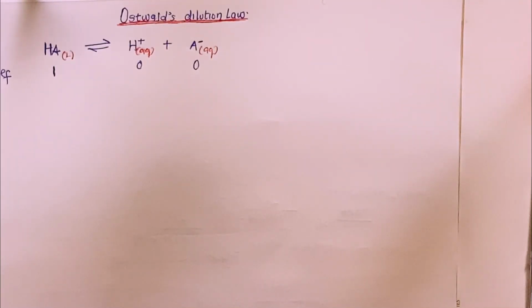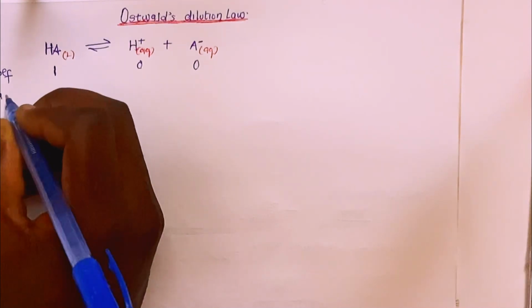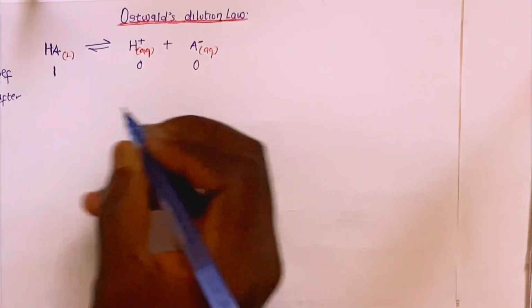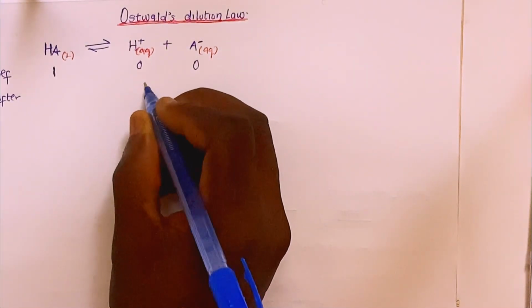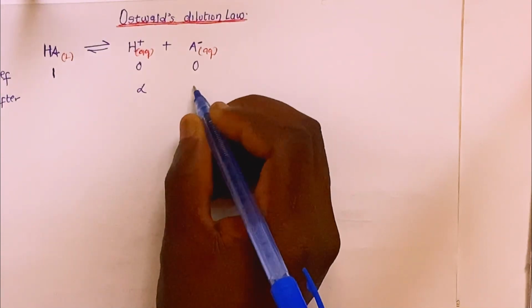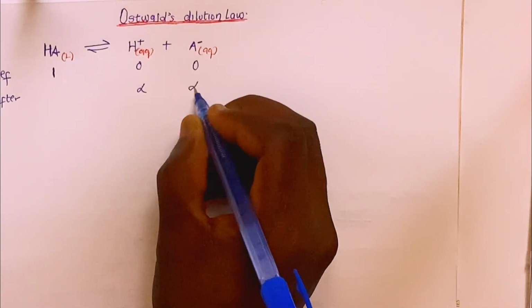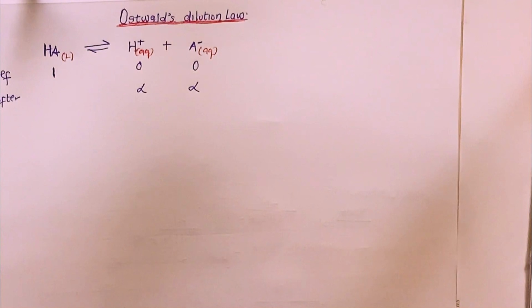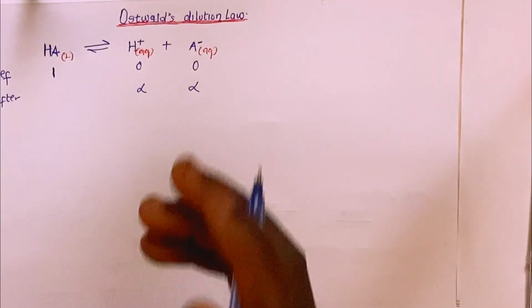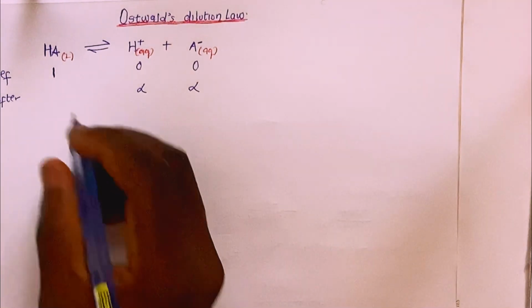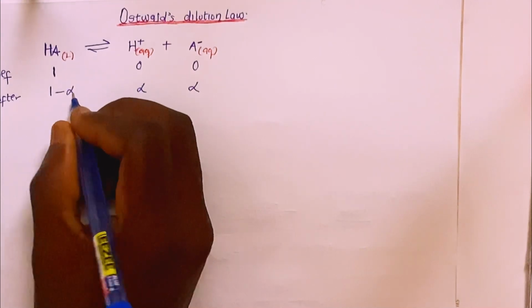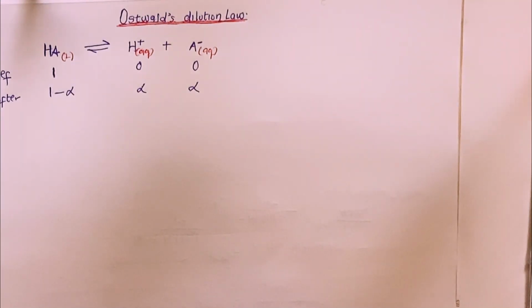That is before the reaction undergoes equilibrium, and the amounts of H plus and A minus are unknown. After the dissociation reaction, I'm going to have alpha amount of the hydrogen ion and alpha amount of the base dissociated. Then I will have 1 minus alpha amount of HA left over.